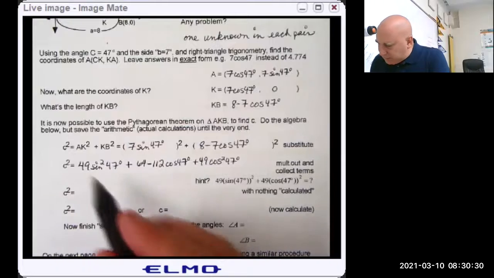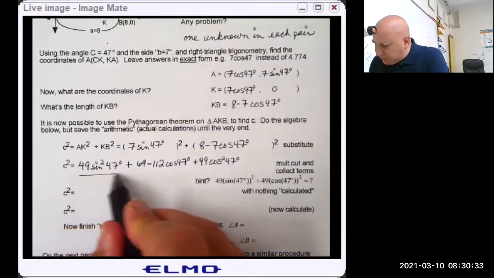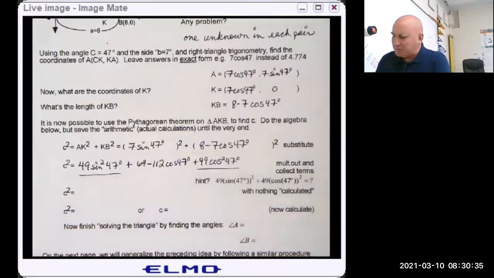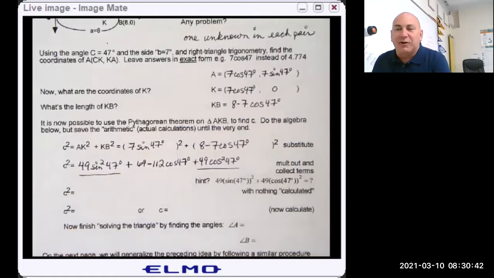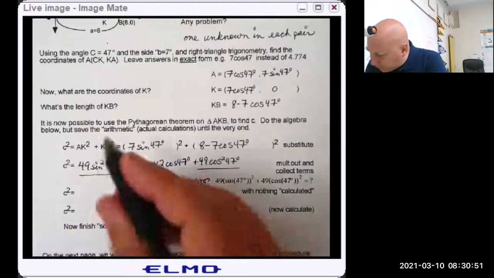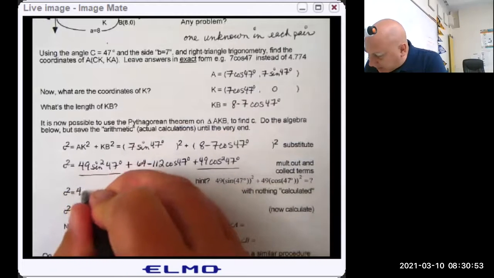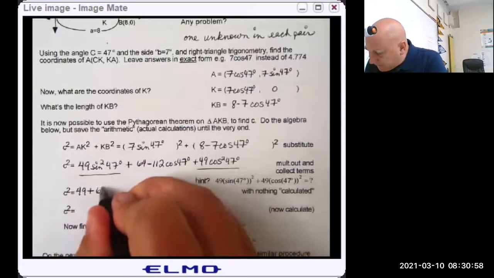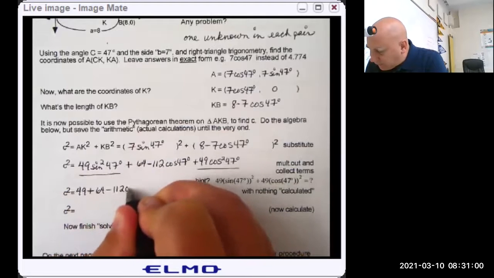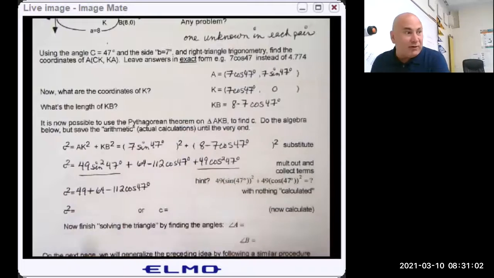Well, take a look at this and this. If you factor a 49 out of those two, you get sine squared of 47 degrees plus cosine squared of 47 degrees. What's sine squared of 47 degrees plus cosine squared of 47 degrees? 1, times 49. So those two simplify to 49 plus, now you have the 64 minus 112 cosine 47 degrees.